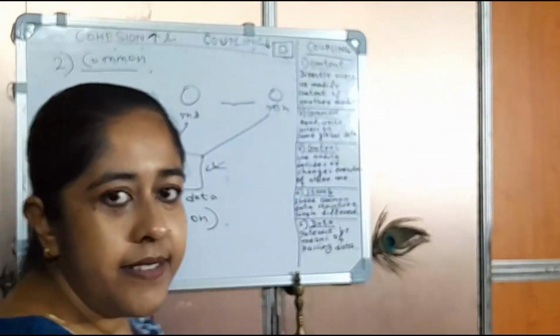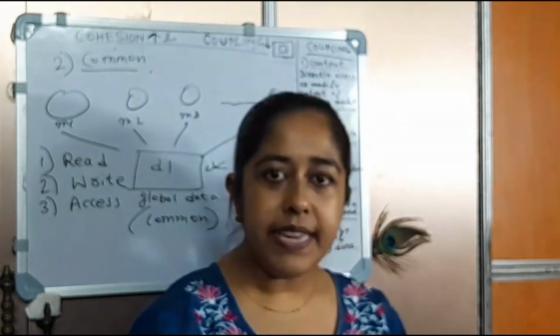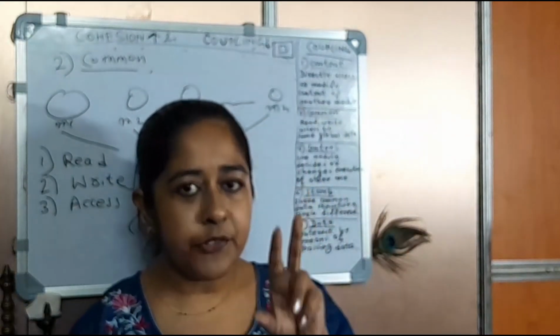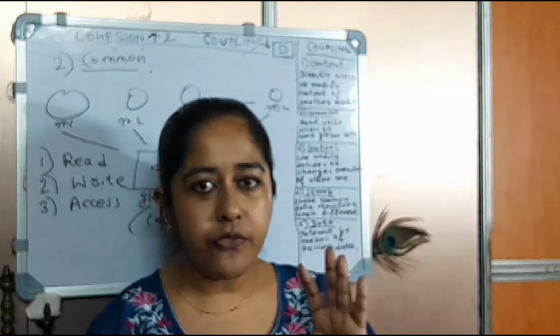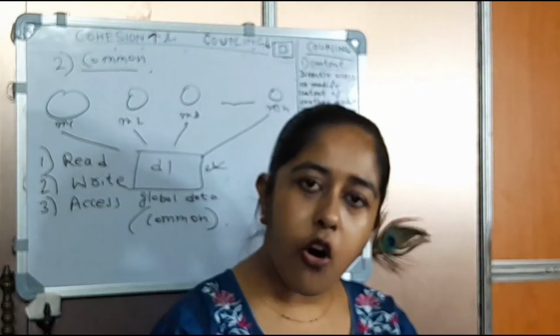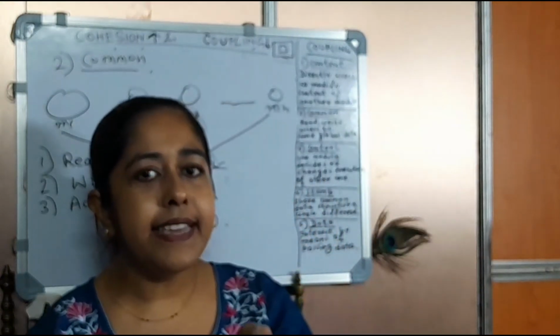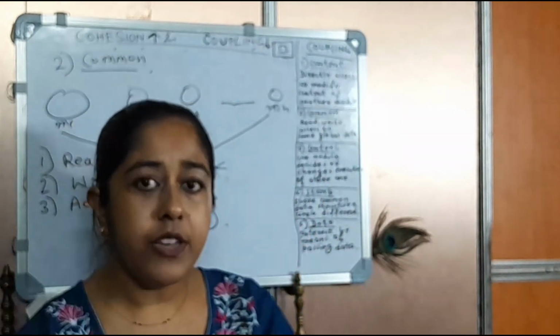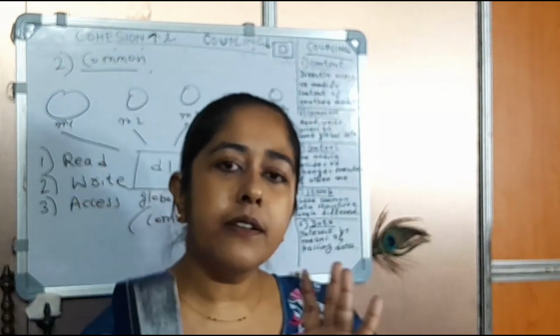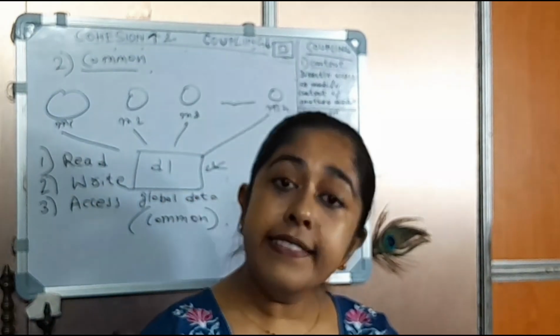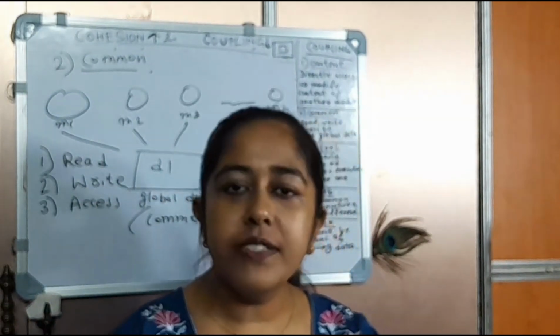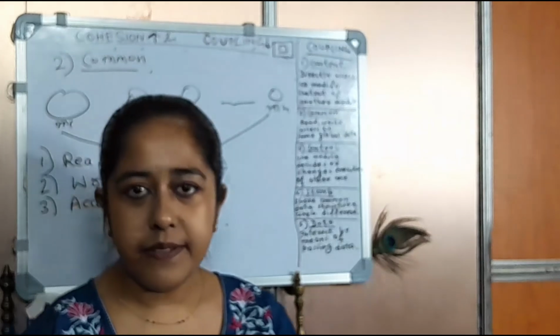I have a data, and that data can be accessed, read, or written by all these modules. So those modules which are accessing, writing, reading a particular global data, that common feature is known as our common coupling.